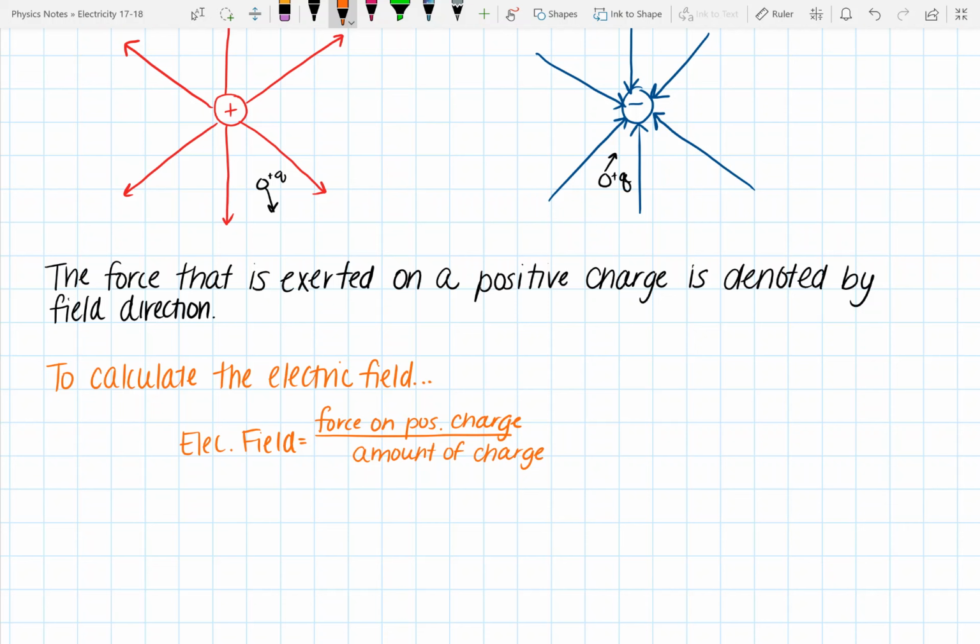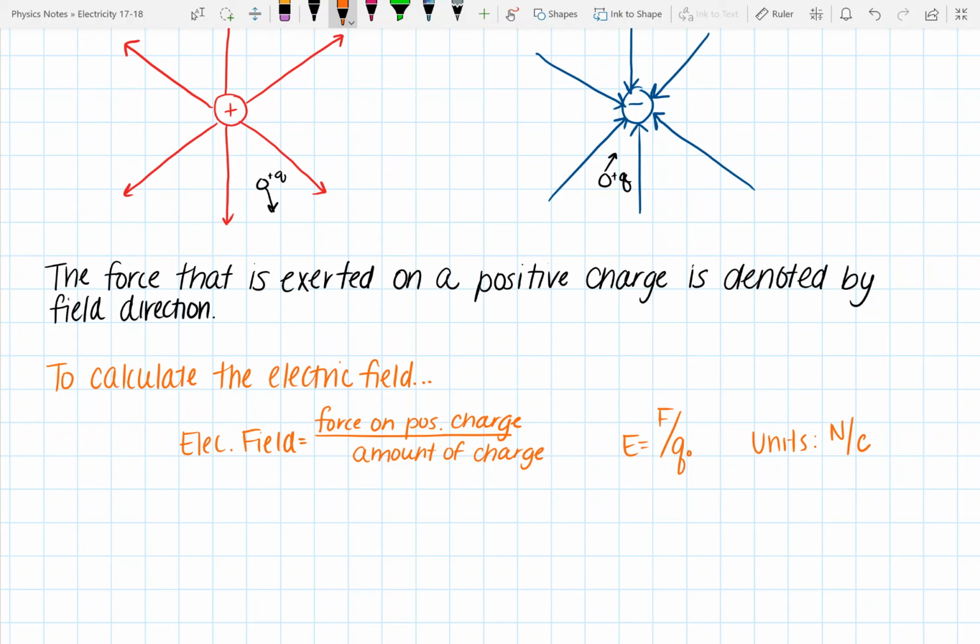So I symbolize this with E equals F over Q. And my units are in newtons per coulomb, which makes sense because I measure a force in newtons and I measure the charge in coulombs.